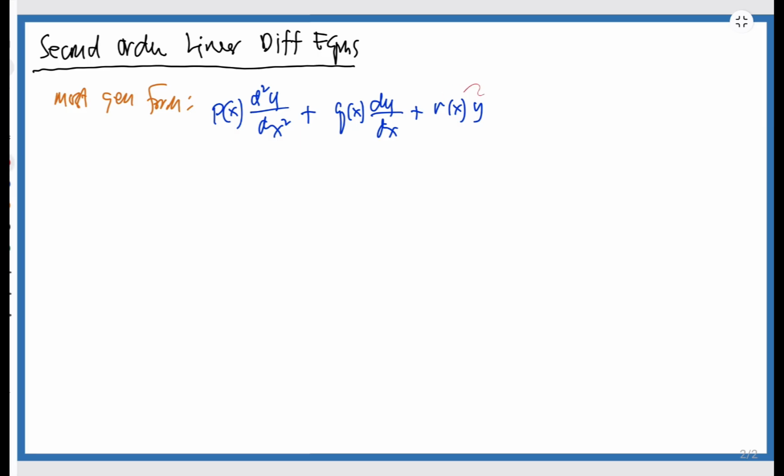So p of x times d²y/dx², the second derivative of y, plus q of x dy/dx plus r of x y, equals another function of x, say g of x.